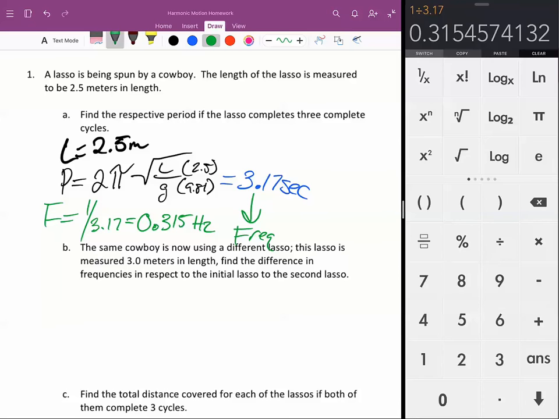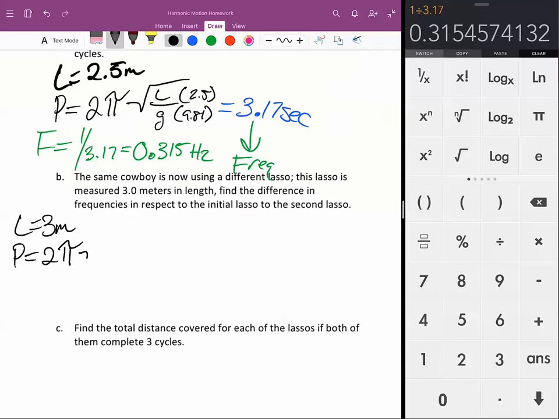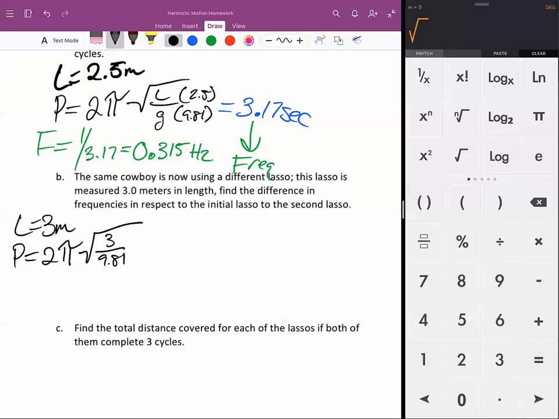Now 1B is similar, but now we have a different length. In this case, our length is now 3 meters. So we go with the period of 2 pi square root of 3 divided by gravity, multiplied by 2 pi.